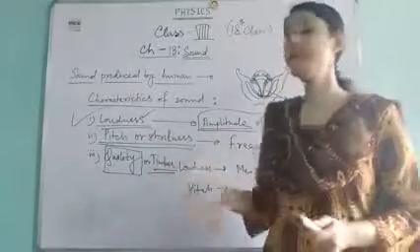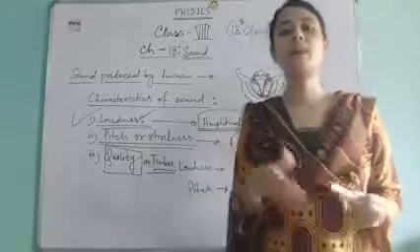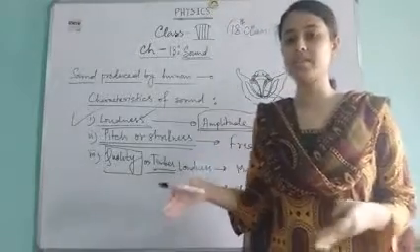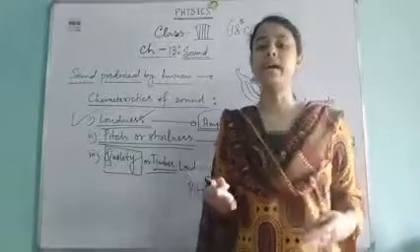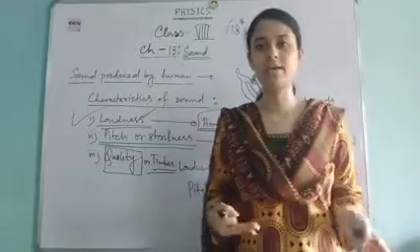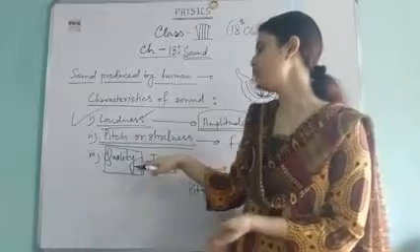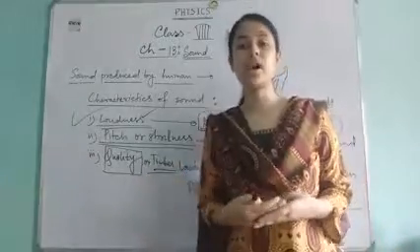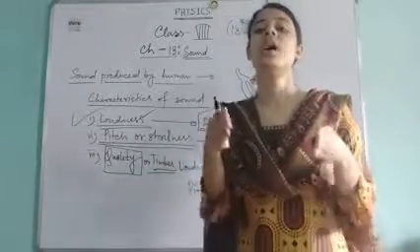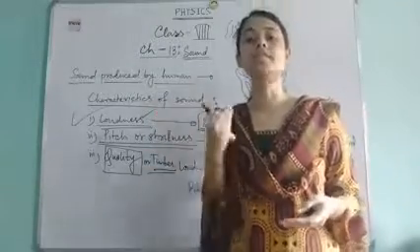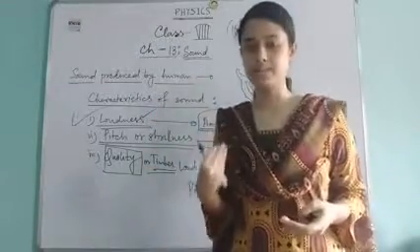It determines the tone and the harmonic content. Those are not in our syllabus right now; we will be studying them in class 11. So for now keep in mind that quality or timbre is that characteristic of sound which distinguishes different sounds which are of the same loudness and same pitch.